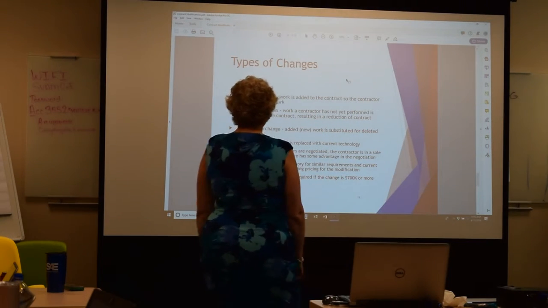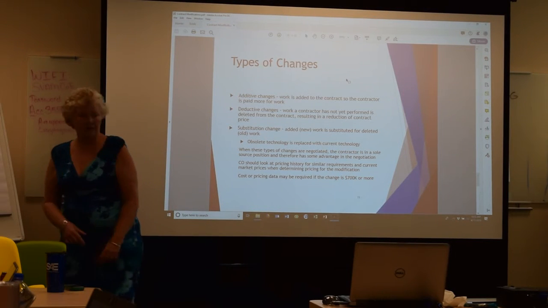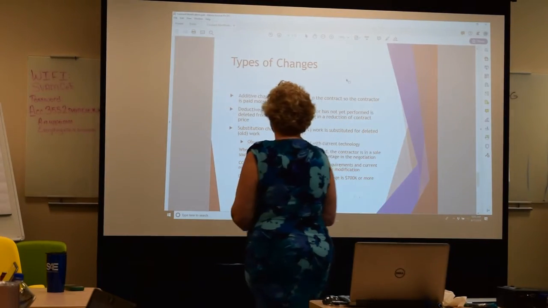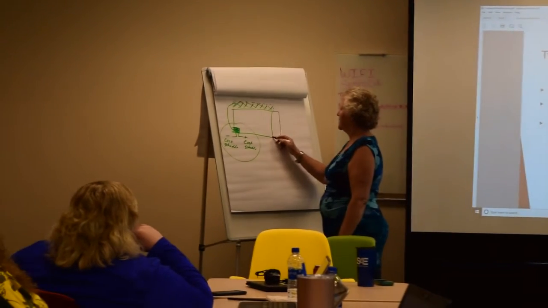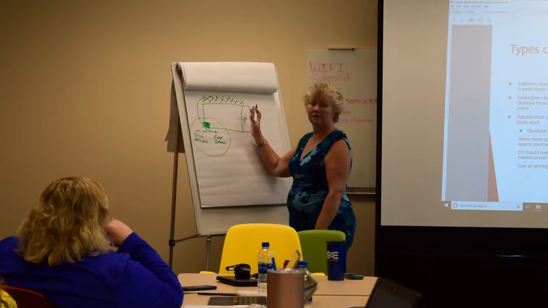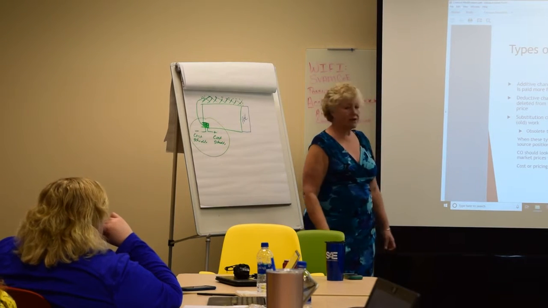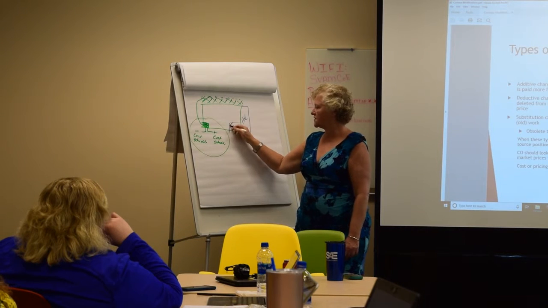What kind of changes can there be? You can add work to the contract. So if this is our contract, we can add a piece to the contract, and that's perfectly acceptable. It just can't be too big. You can deduct, so this part of the work is no longer being done.